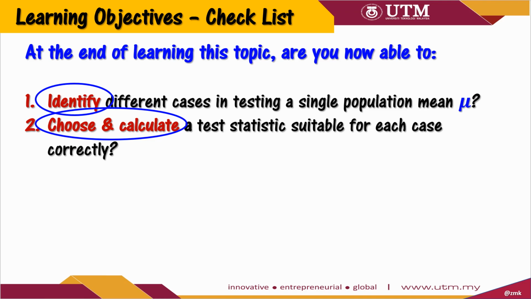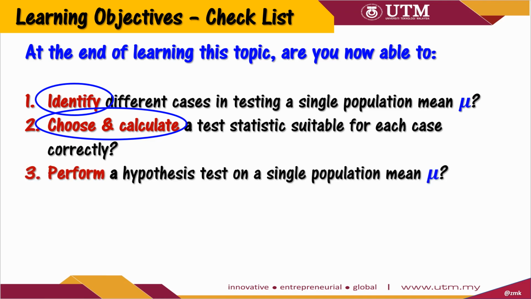What about the third learning objective? Are you now able to perform a hypothesis test on the single population mean mu? Remember the testing procedure and the types of tests, the two-sided, the left and the right-sided test? These are important when you are to carry out any statistical testing.